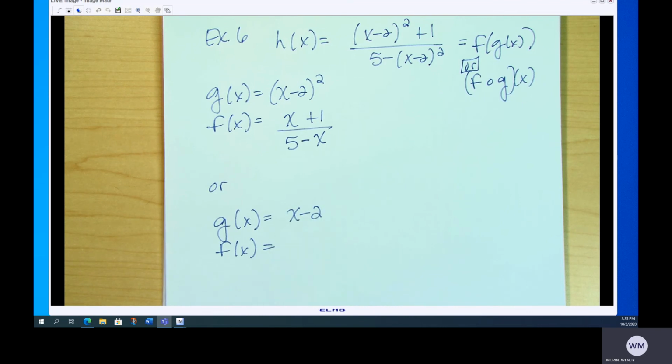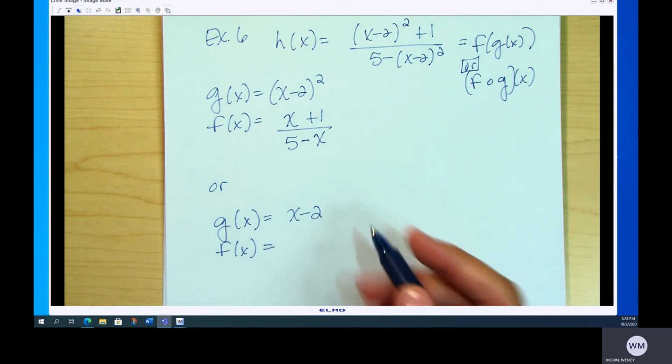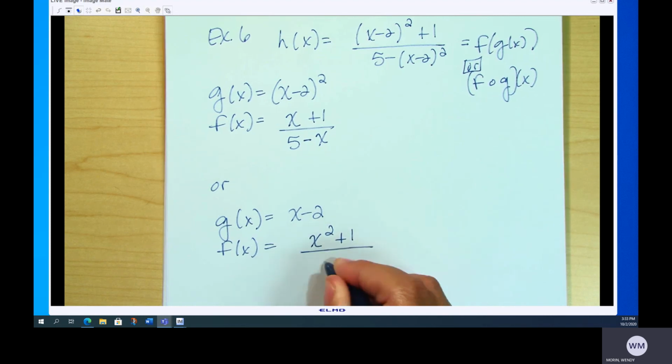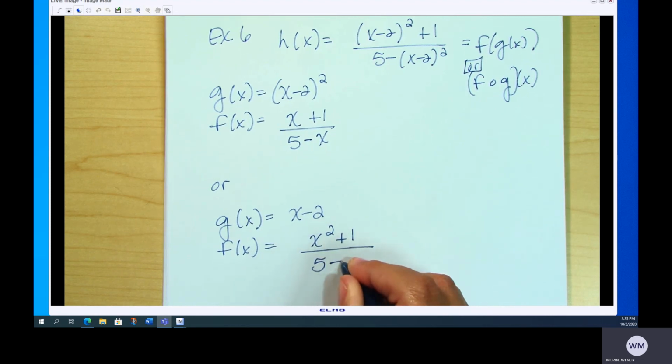So thinking backwards, if this was my replacement for x, then it should be x squared plus 1 over 5 minus x squared. So there's two options for this one. Sometimes there are multiple decompositions. Depends on what you see. Again, you cannot say I plugged in x. That is not an answer that you can give for the decompositions.